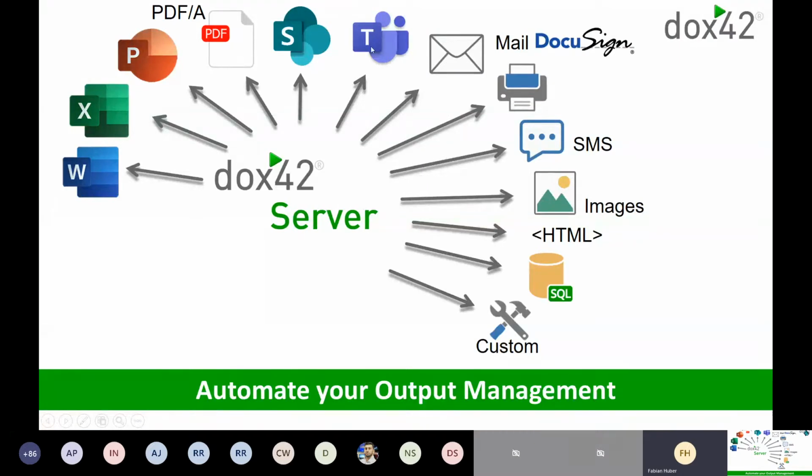So there are a lot of possibilities in collaboration to generate and to work on the documents together. And yeah, email action, there is a DocuSign partnership, and printer, that might be interesting for NAV customers. So printer actions can be configured, and there's a custom output action. So if you use a document management system or something, then of course we can send the documents directly there as well.